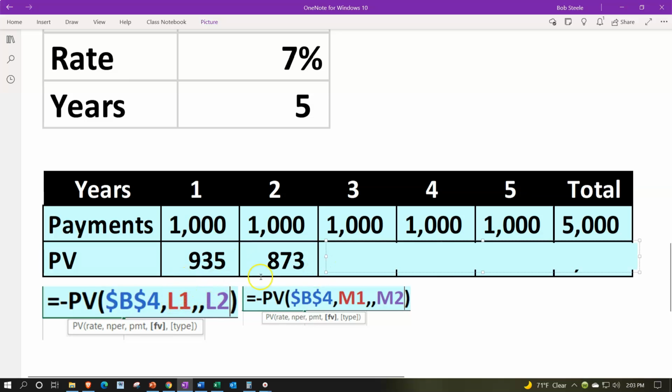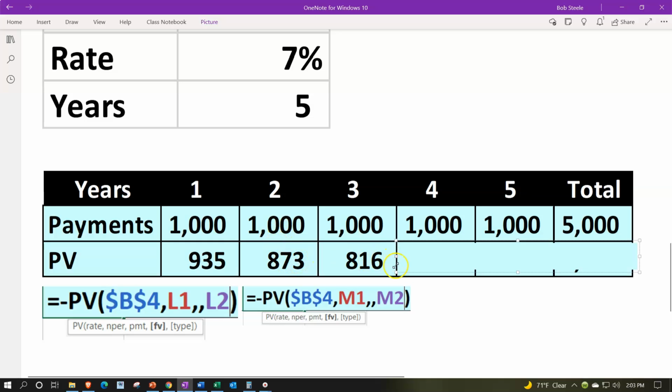If we copy this cell to the right, you can see this will be equal to the present value of the rate, which stayed the same because we made it an absolute reference referring to that 7%, comma, number of periods now moved from L1 to M1, which would represent this 2, moving from this cell to this cell, comma, no payment, so 2 commas there, and the future value is now in M2, which is that 1,000 right here, which moved from here to here, discounting the 1,000 back 2 years, giving us 873.